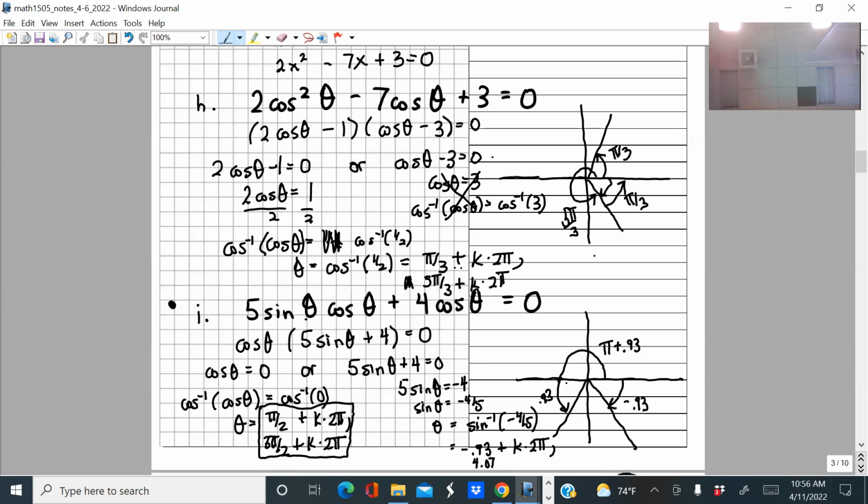But remember, the reference angle has to be positive. So it's 0.93 plus that extra pi. So 4.07 plus, again, a multiple of 2 pi.